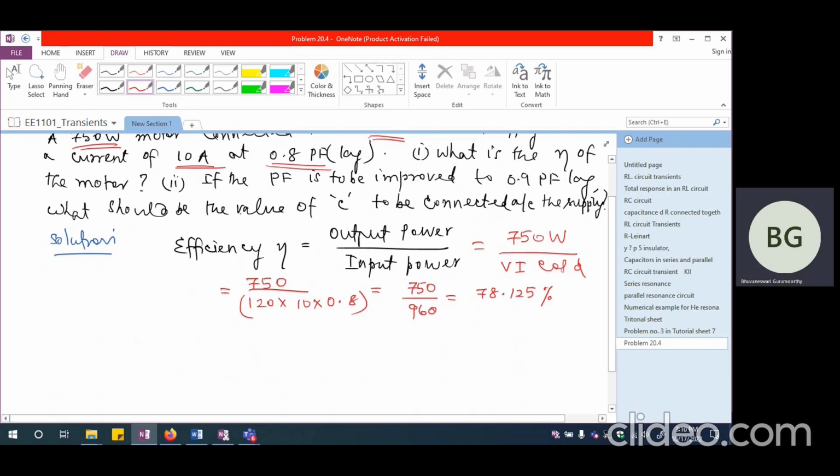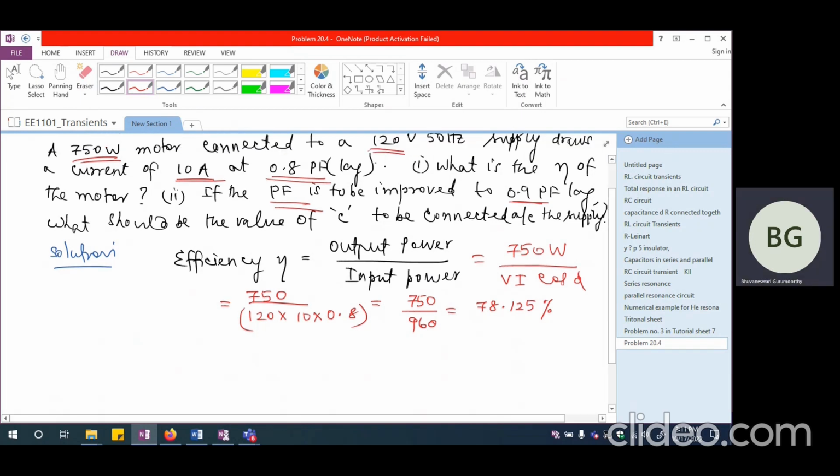Now the second portion what is being given is the power factor has to be improved to 0.9 power factor lag. So the first thing we need to realize is the motor's power, what it wants to deliver as 750 watts, that is set in stone. And the efficiency is also set in stone. This is not going to change.